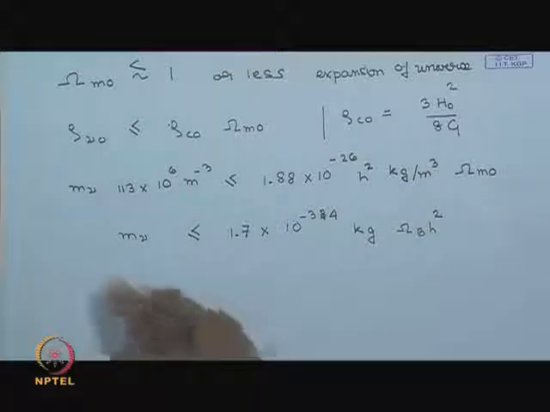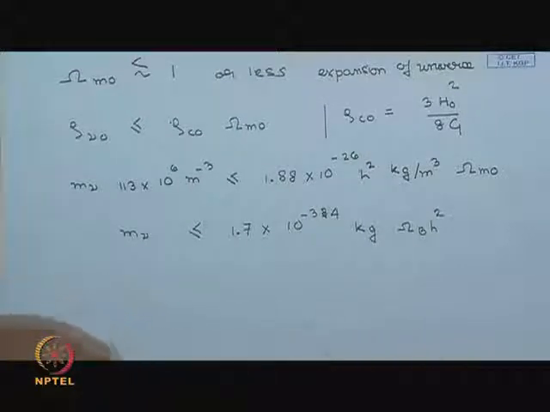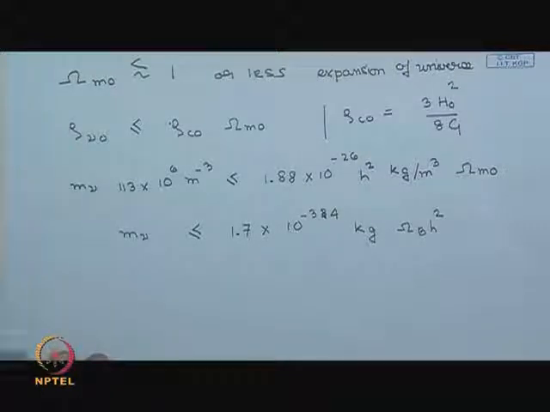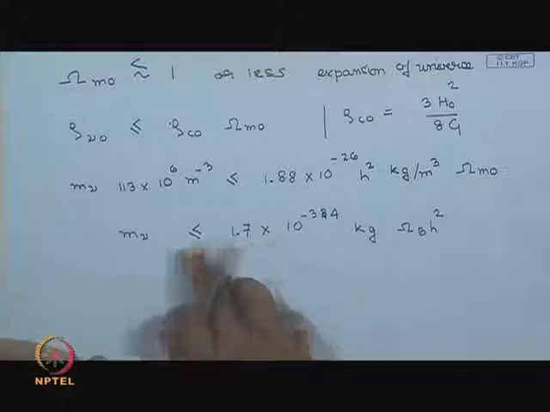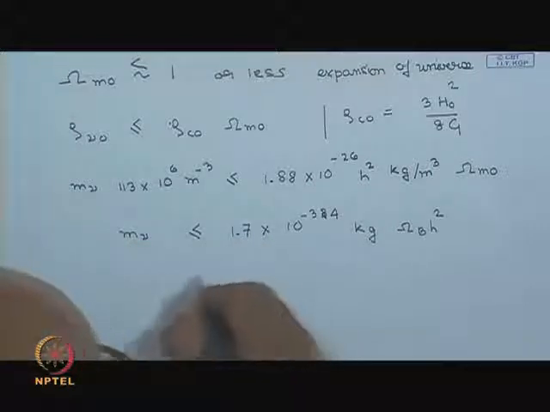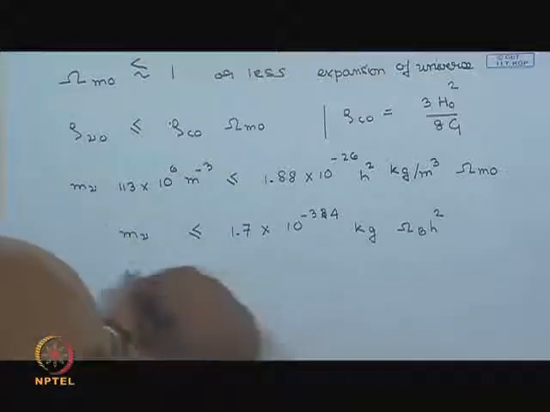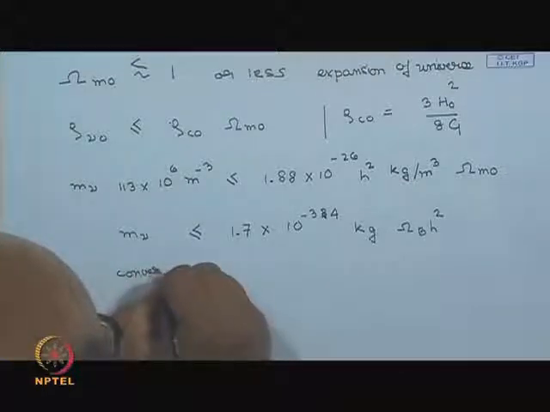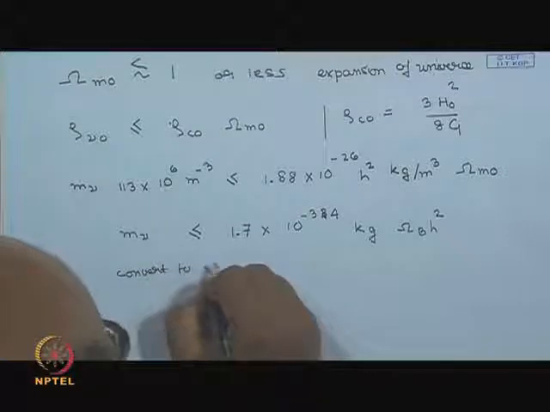It is more meaningful to express this in terms of electron volts. So, what we have to do is convert this into energy by multiplying by c square, and divide by e to convert to electron volts.